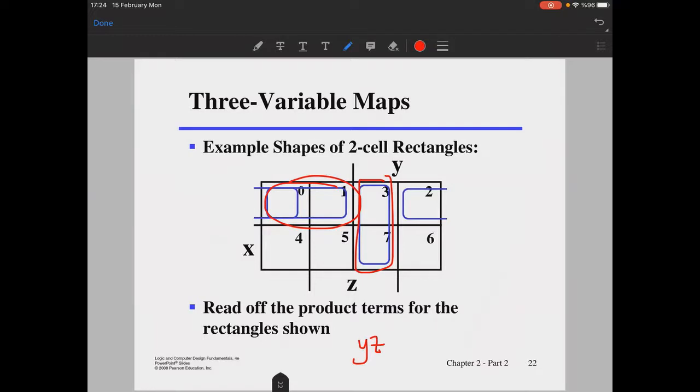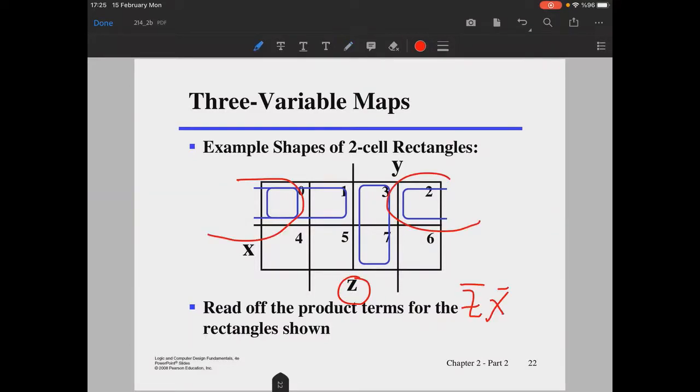As you see, it's y naught, x naught, right? I guess, because it's changing for y. And finally, how about the last one? Look at this, it is z naught on both sides, and it is also x naught. Okay, so this is how we read them.